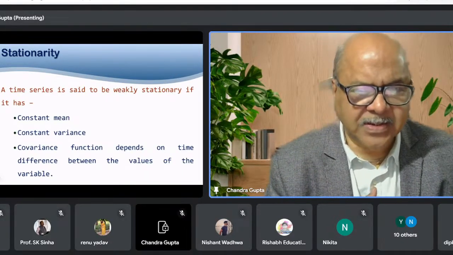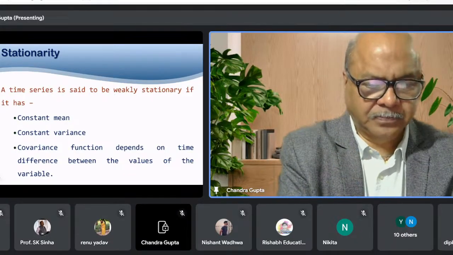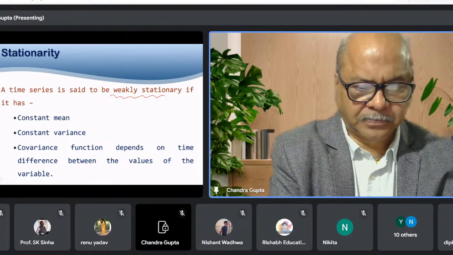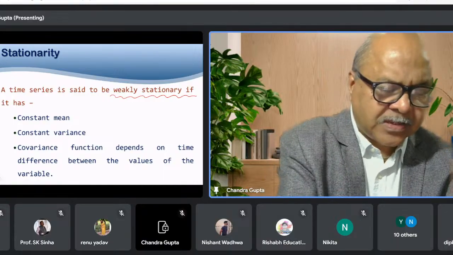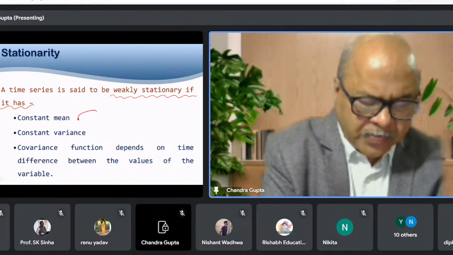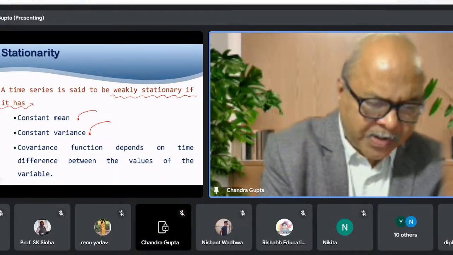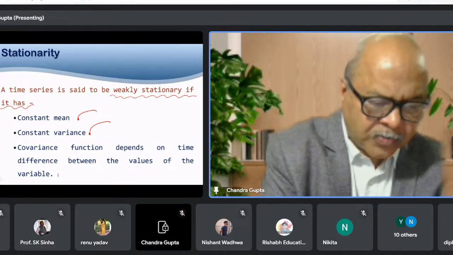A series is said to be weakly stationary if it has constant mean, constant variance, and the covariance function depends upon time difference between the values of the variables.